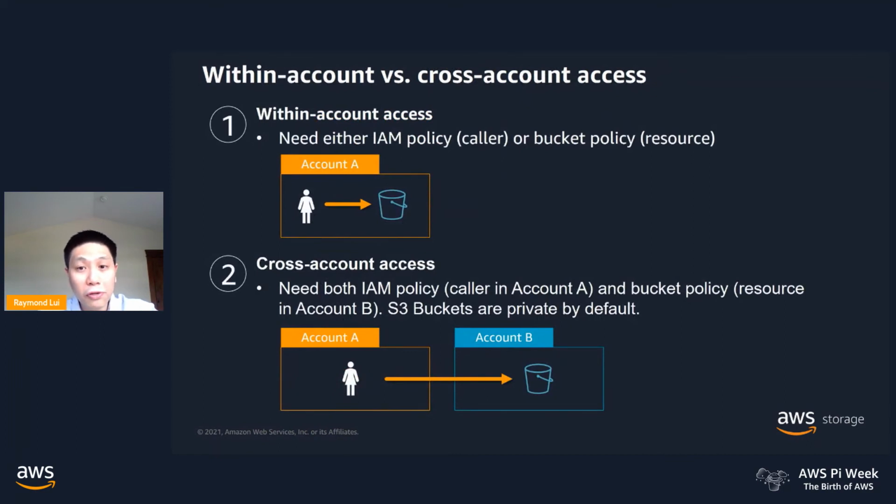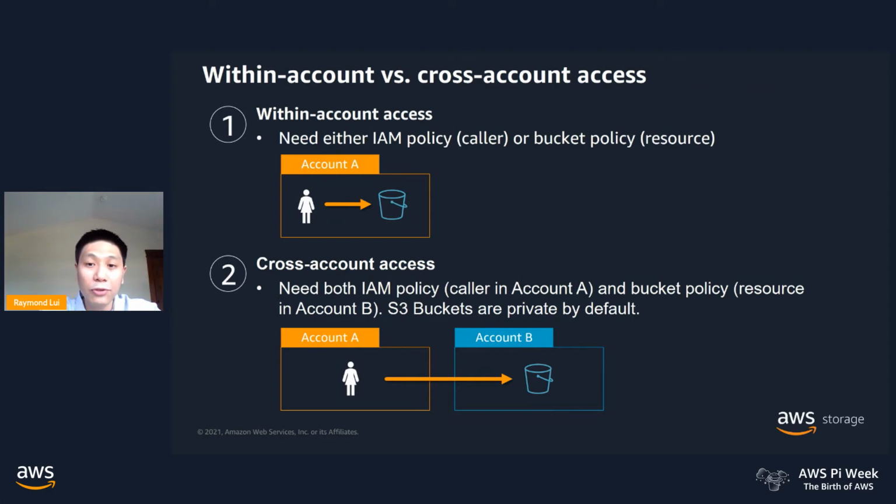Next, we will move on to the second main topic for today and talk about access within your account versus access across accounts. When you only have IAM users within your AWS account reading or writing data to your S3 buckets, you need either an IAM policy or a bucket policy to provide that permission.